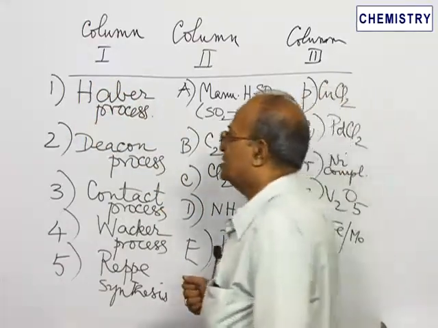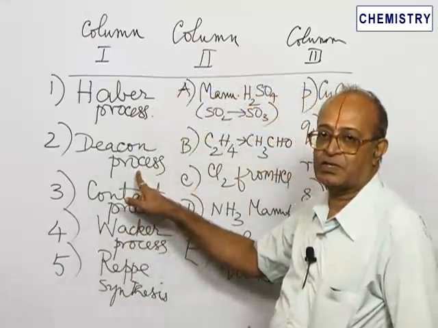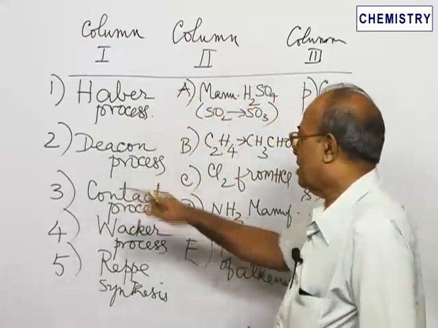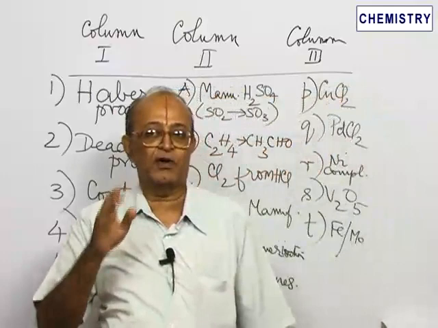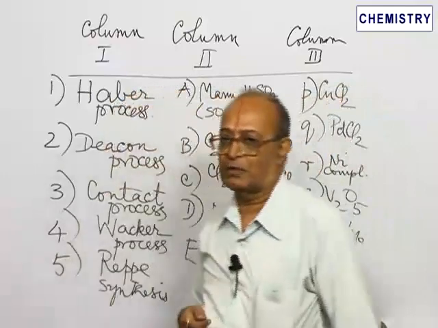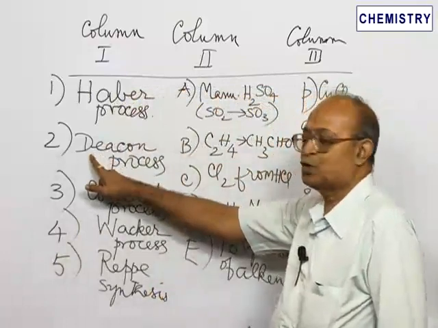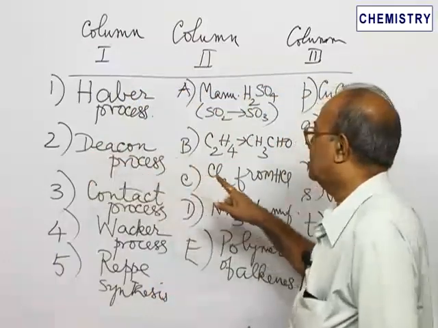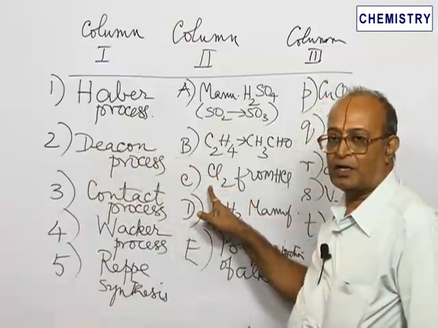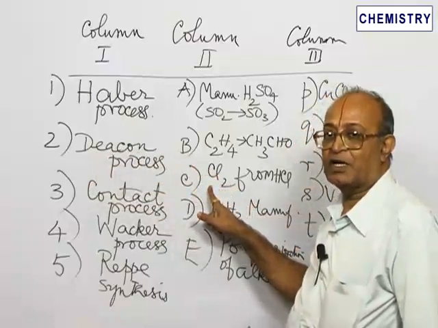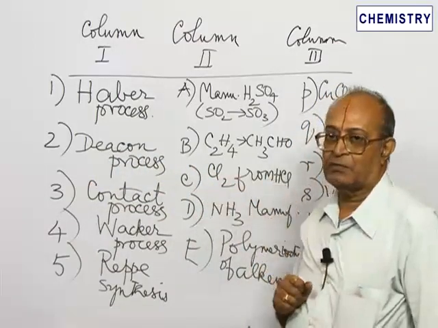All right. Similarly, consider Deacon process. Deacon process is preparation of chlorine from HCl. That is known as Deacon process. So 2 connected to C from column 2. Deacon process is the method of preparing chlorine from HCl.